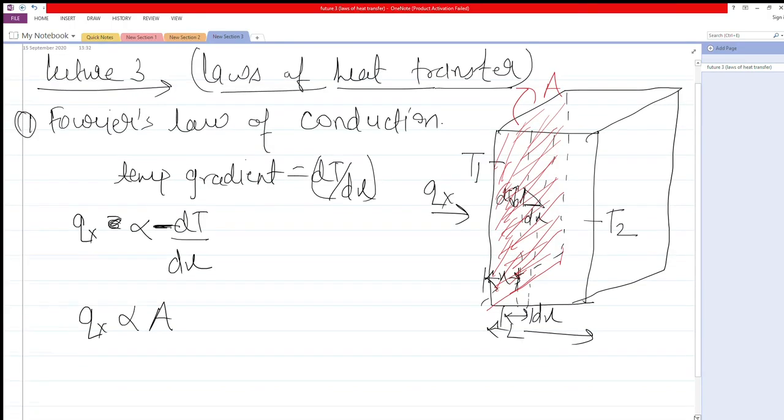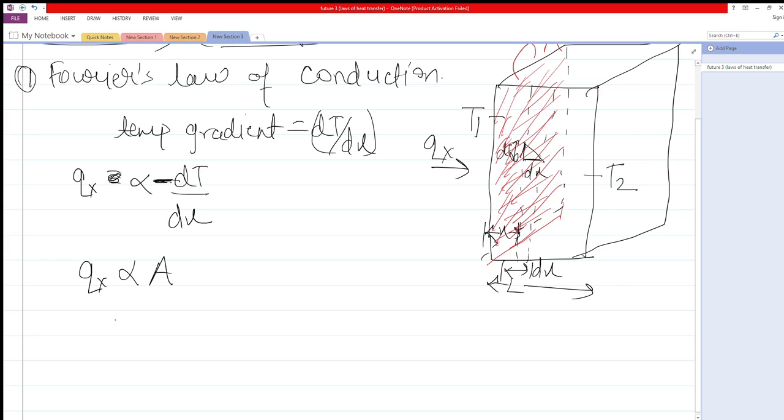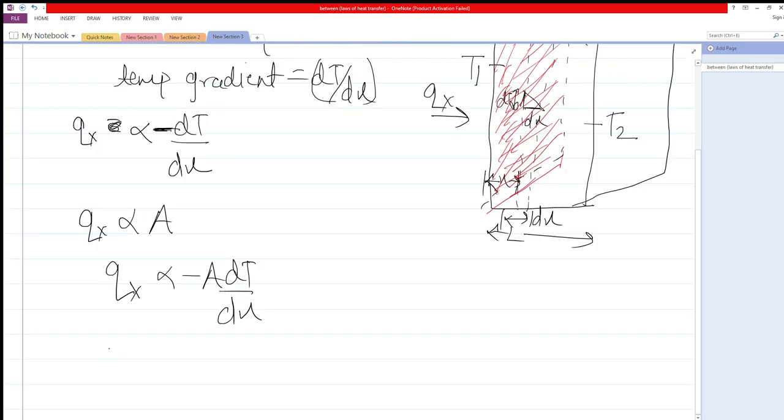Clubbing these two, we get heat transfer in x direction is directly proportional to minus A dT over dx. If I remove the proportionality sign, then it will be minus kA dT over dx, where k is the proportionality constant.